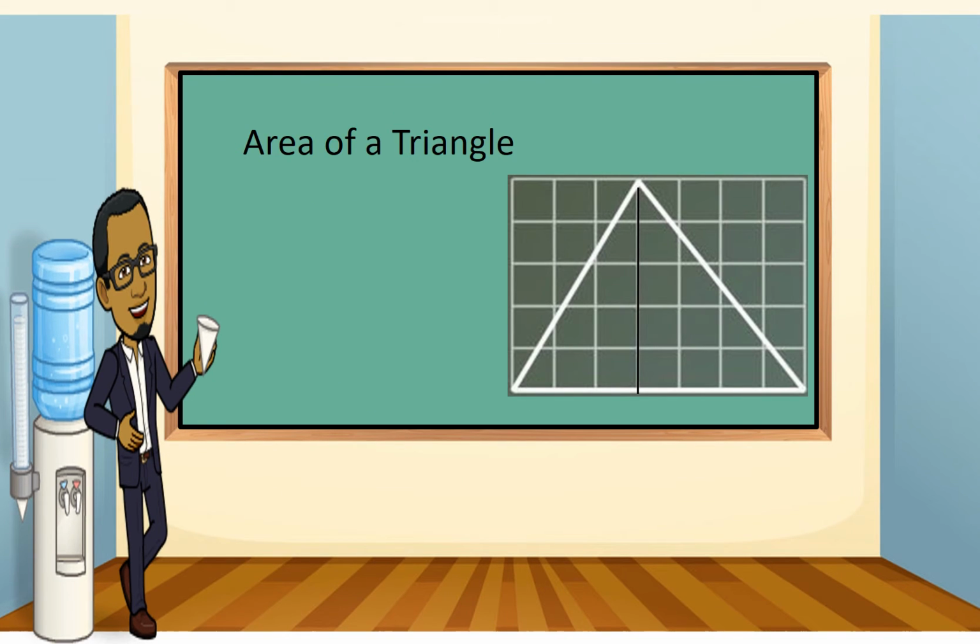Suppose we needed to find the area of this shape. Could you think of 3 ways this could be done?